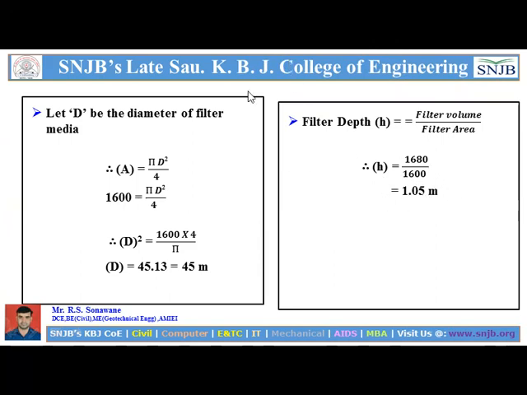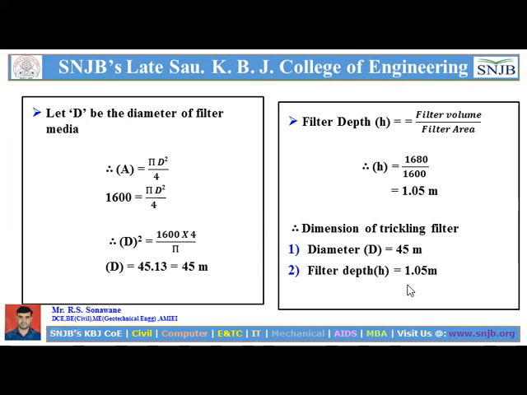It will be the height of the trickling filter media. So we can write the dimensions of the trickling filter in this form. First, diameter D is equal to 45 meter. Then filter depth H is equal to 1.05 meter. So these are the dimensions of a trickling filter.